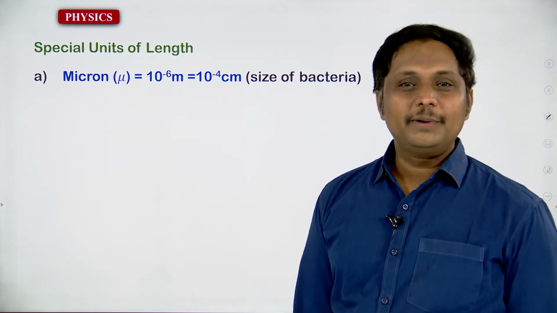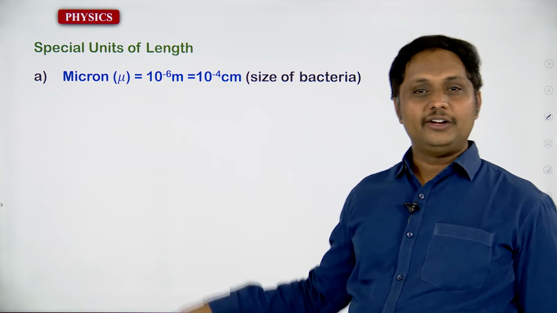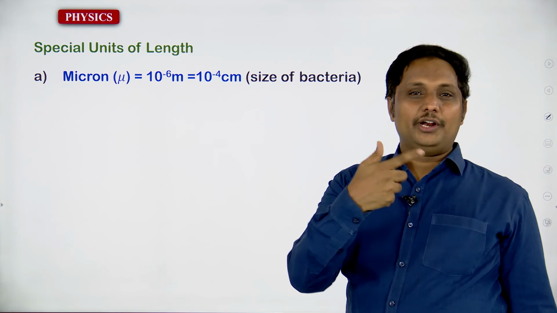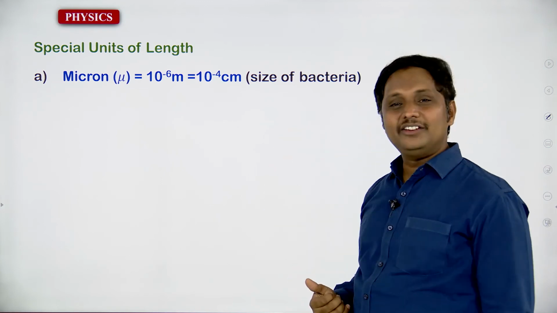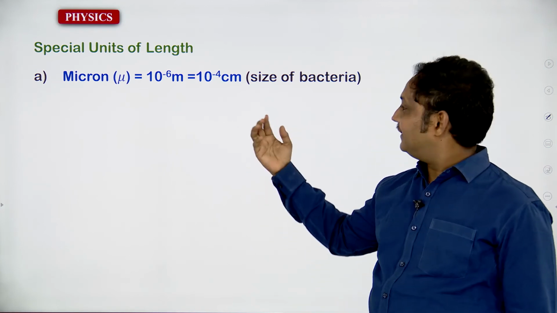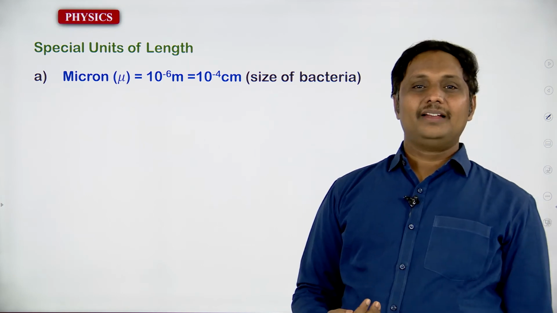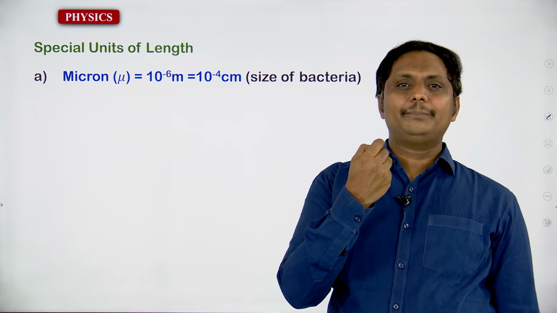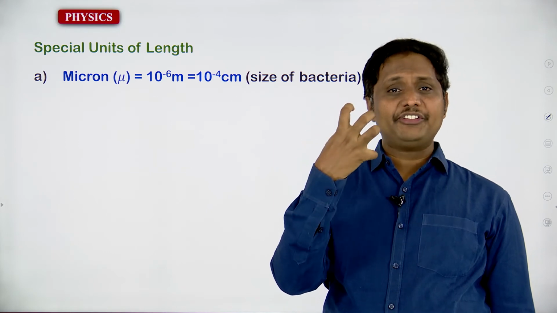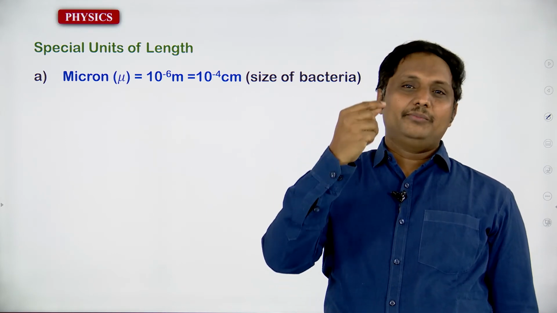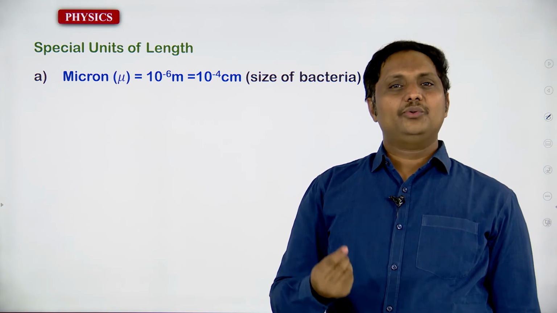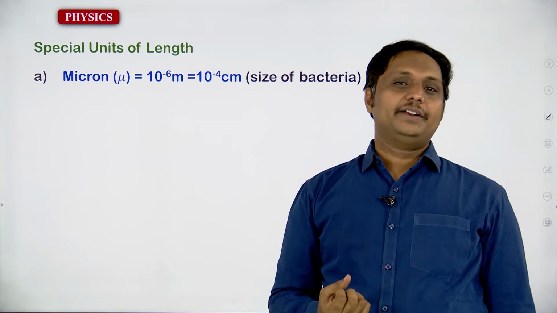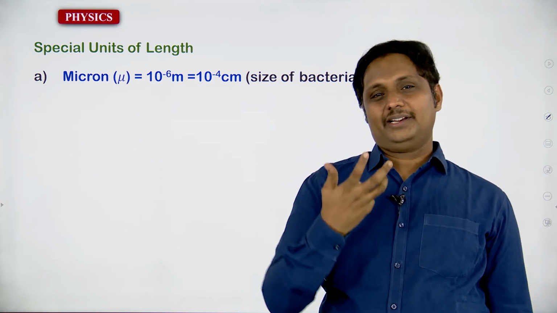Okay, some special units are going to be considered for length. Micron. If you take 1 micron length, it's going to be 10 to the power of minus 6 meter, right? You know, aerosols, the dust particles and some tiny particles which are very small, can enter into your respiratory system and affect it.